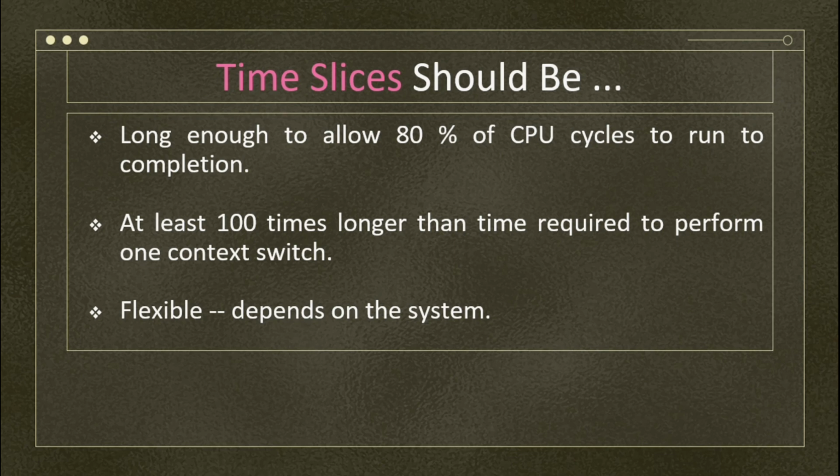So, kailangan daw at 80% yung CPU cycle para matapos at makomplete yung process. And at least 100 times mas longer yung oras na kailangan para ma-execute yung context switch. And syempre flexible is pwede mo siyang ma-configure and nakadepende sa system.